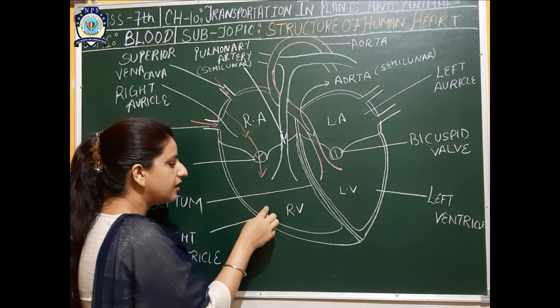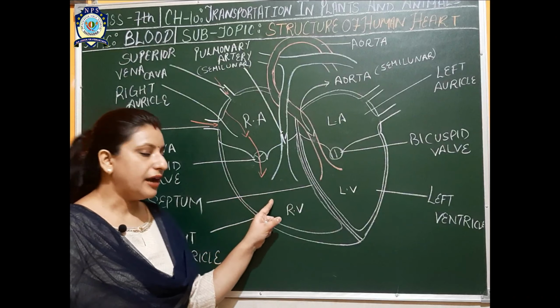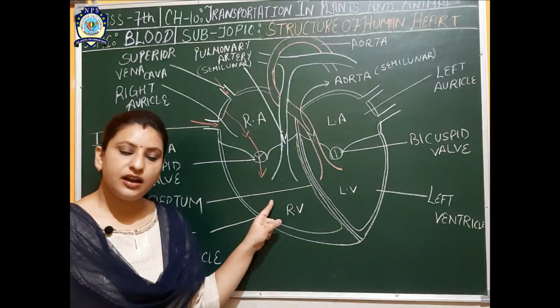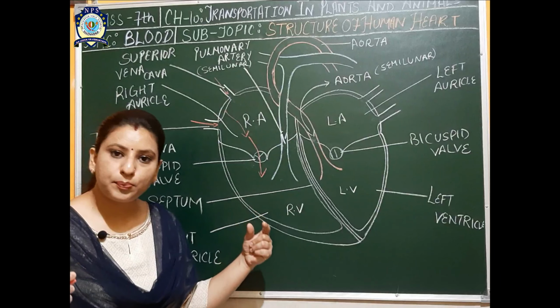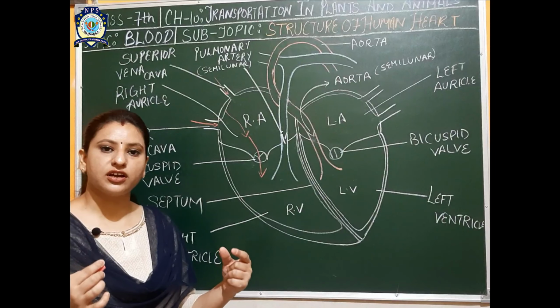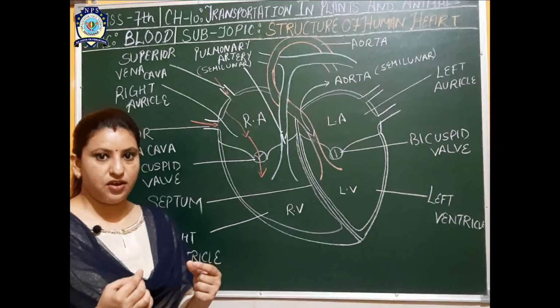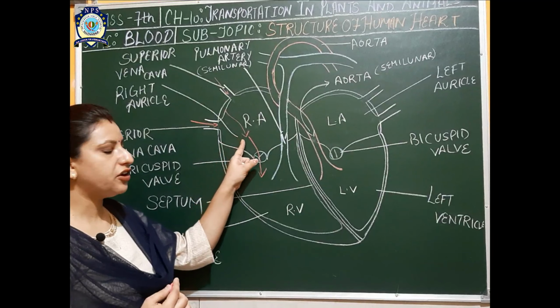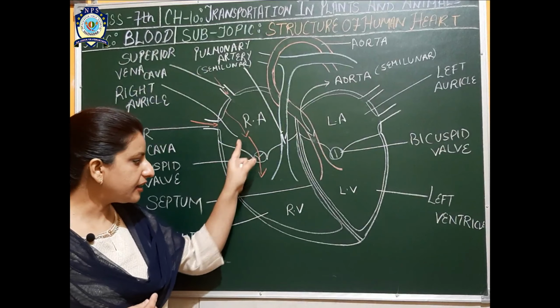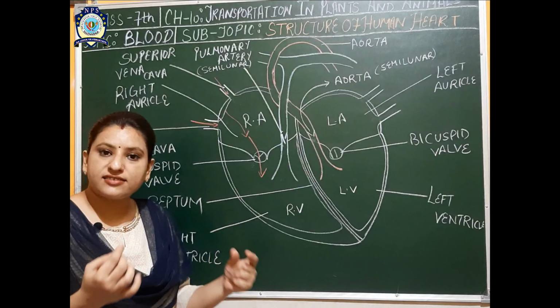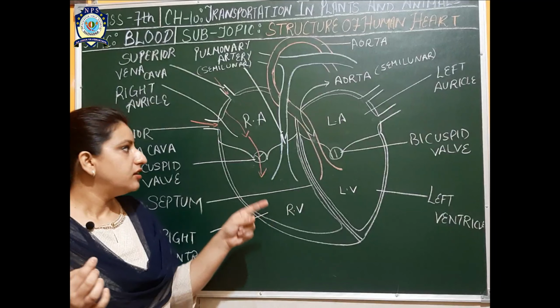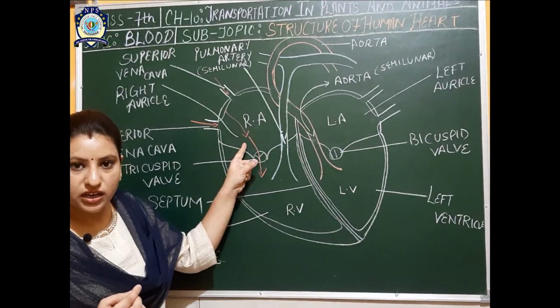Now the blood has entered inside the right ventricle, and when the blood is entering, the pressure inside the right ventricle starts increasing. Firstly, pressure was generated on the right auricle, and at that time the right ventricle was relaxing itself.